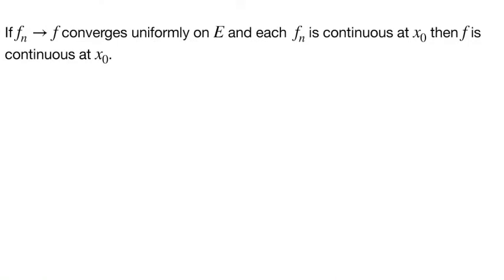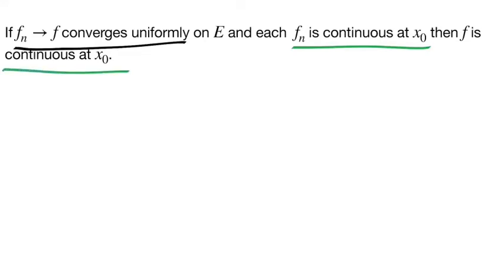All right, so what we're going to do is prove that some of these properties that are super important are going to be true as long as our function converges uniformly. So here's the big idea for this one. We're going to try to prove that if it converges uniformly, and each of the fn's is continuous, then our f is continuous also.